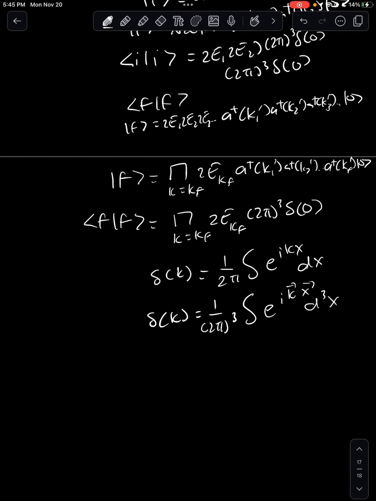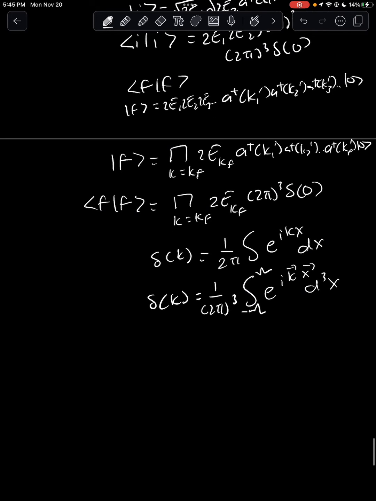Since our particles are in an enclosed volume, our position variable isn't going to run from minus infinity to infinity. Instead it runs between finite limits, and that's going to give us one big volume V. So we have delta of k equals V over 2π cubed, and therefore delta of 0 is equal to that.